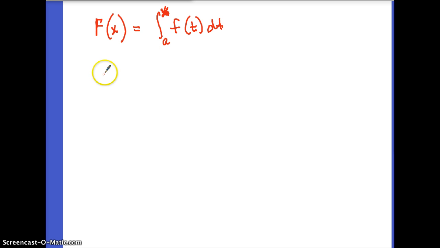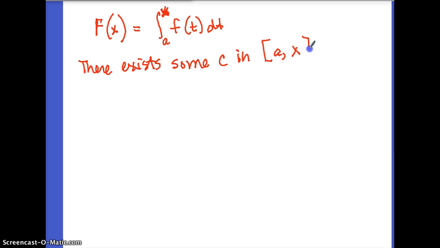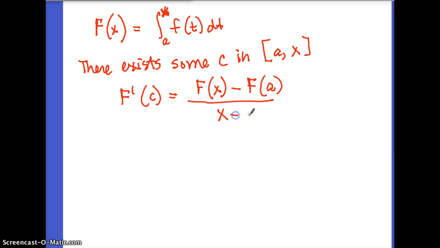So still using that mean value theorem for derivatives, I'm going to say that there exists some c value in the interval that we have, which is a to x, such that the derivative of this big F function is going to be equal to f of x minus f of a over x minus a. But here's the deal.